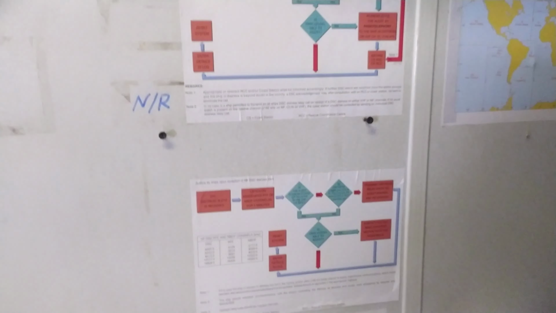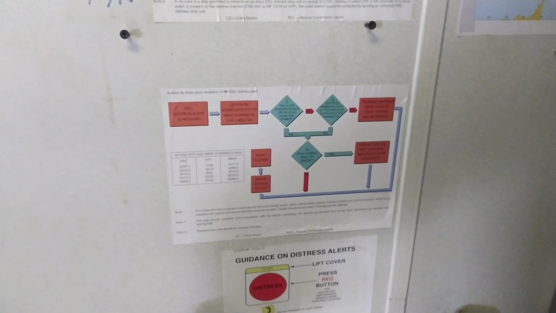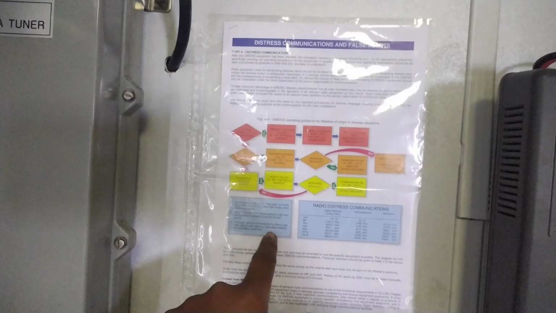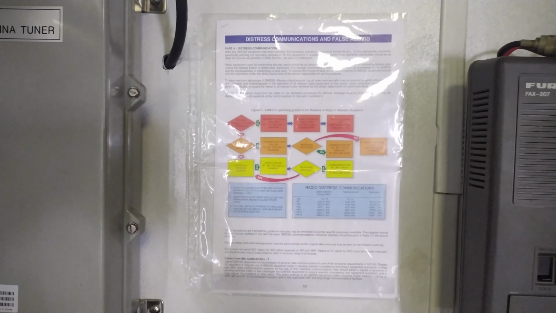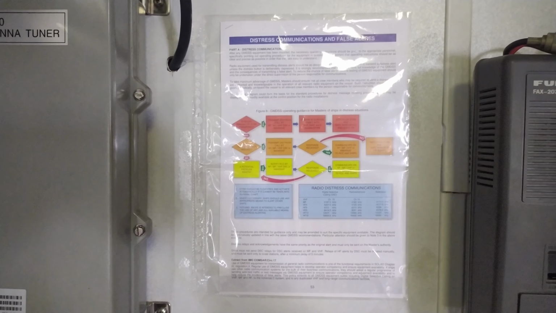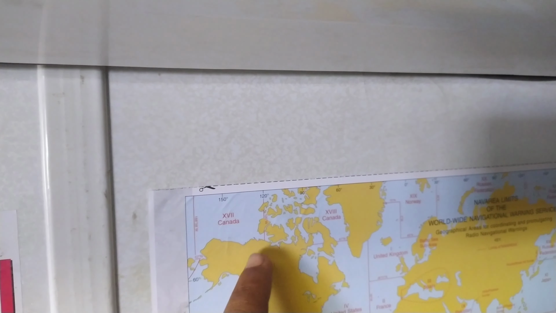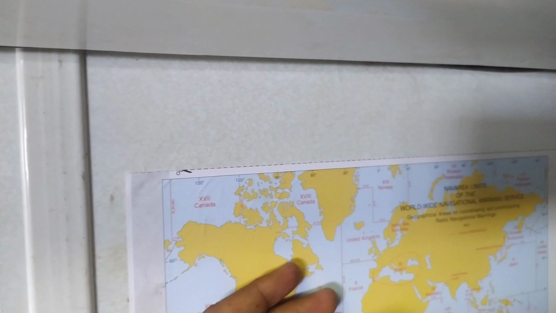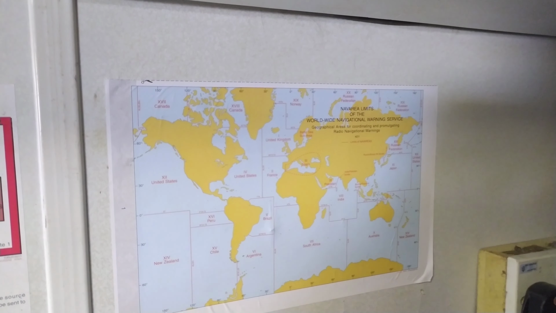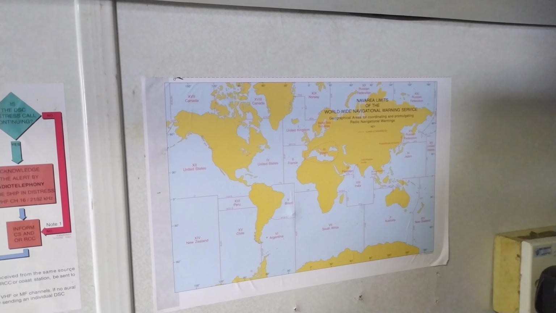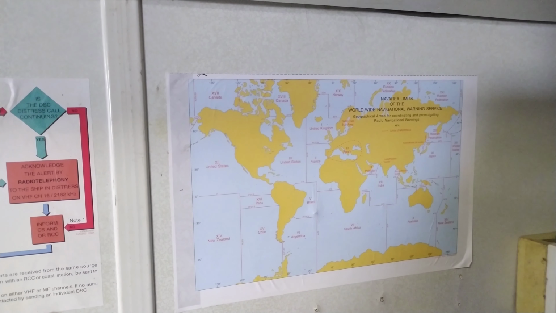All these papers 1, 2, 3, 4 and number 5, all these papers are available in GMDSS volume 5, and they have specifically marked that page with a scissor symbol. You can see the scissor symbol, meaning that this is a one-sided page that has to be cut and pasted in your radio room. So this they have specifically provided you for cutting it out from the book and pasting it as per your need.